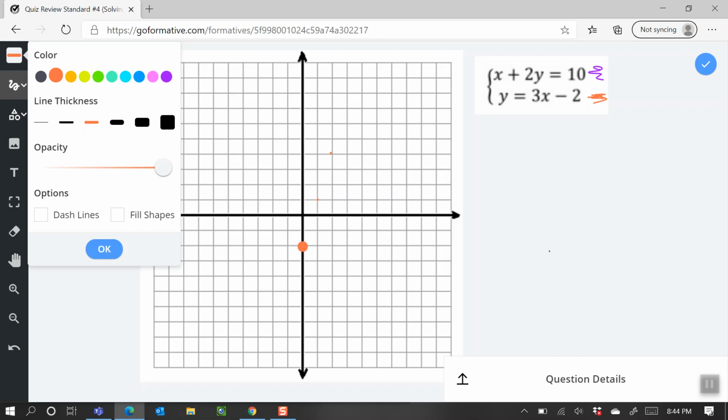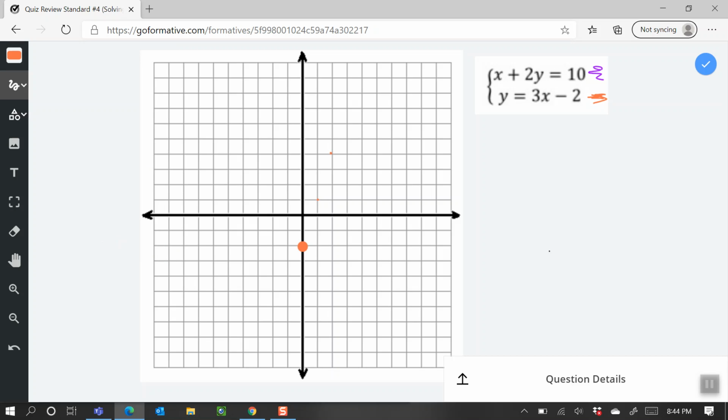Oh, I should make those bigger. Change line tool. Undo that.